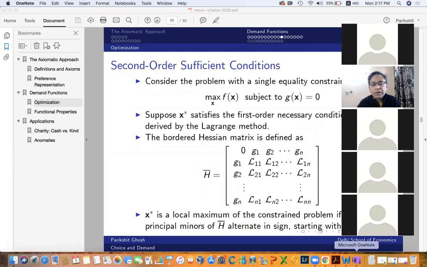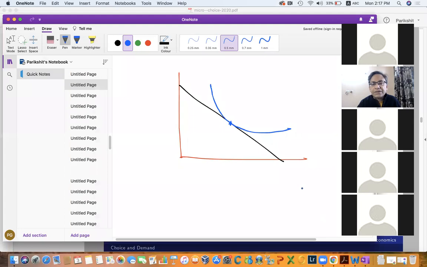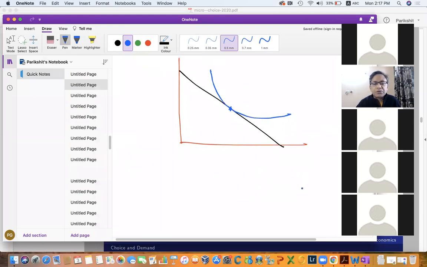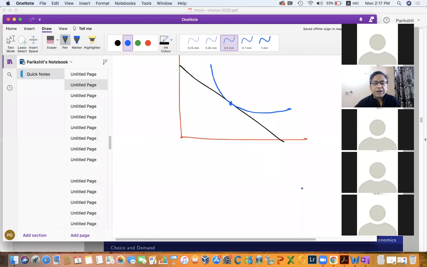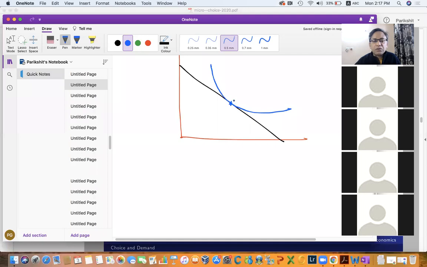Like, sir, if we get positive 0, then can we say it is a maximum? Yes, so the condition is weak. Let's go back to the two commodity case. For a local maximum, we don't necessarily need strict convexity.